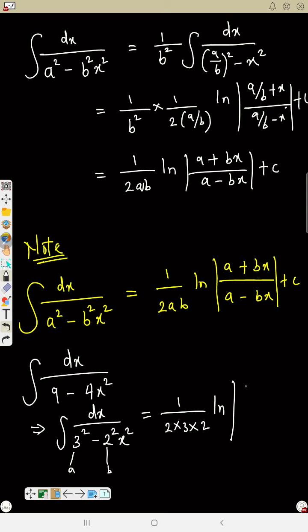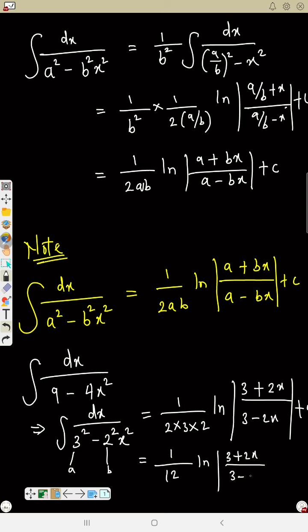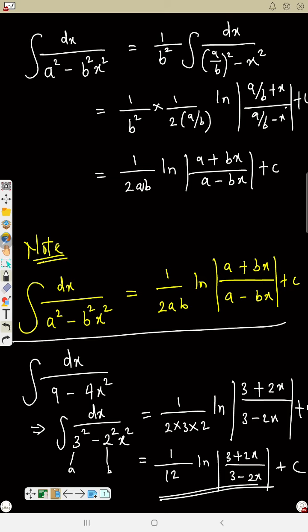Now a plus bs, a is 3, that will be 3 plus b is 2s, divided by 3 minus 2s, then plus c. So which is equal to 1 over 12 ln (3 plus 2s) divided by (3 minus 2s) plus c. So which is our previous result. So you can use this formula in case of objective exam. So that is the general formula.